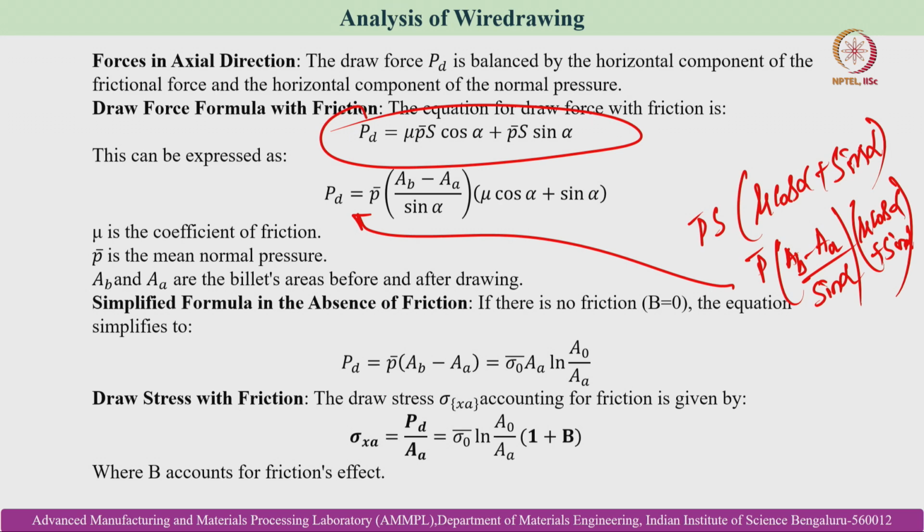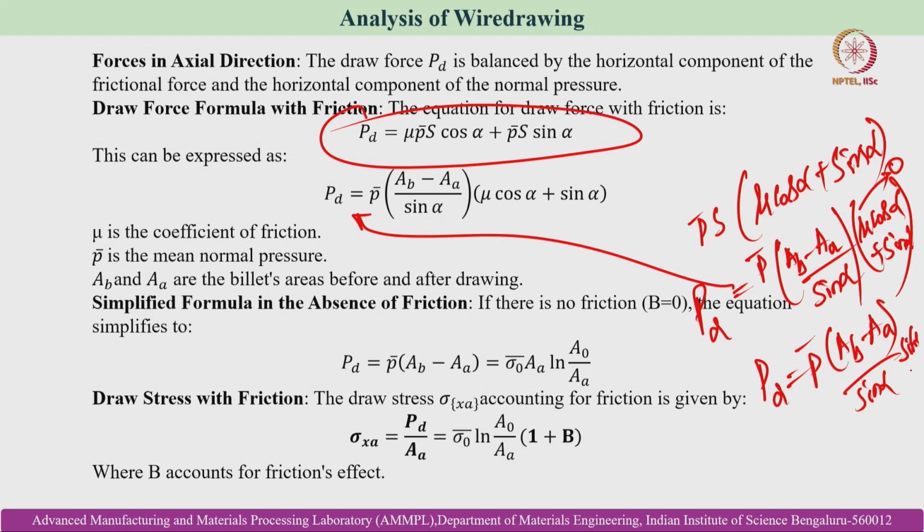Now, the simplified formula in the absence of friction. If there is no friction, then B is equal to 0. That means the equation simplifies to PD is equal to p bar into AB minus AA. Why is it so? Because friction is not there, B is equal to 0, which means mu is equal to 0. Then the expression for PD, the die pressure, becomes p bar AB minus AA divided by sin alpha, into, since mu is equal to 0, sin alpha.